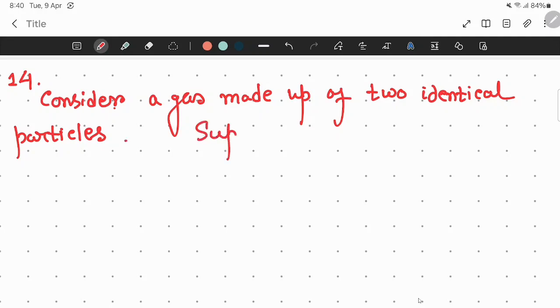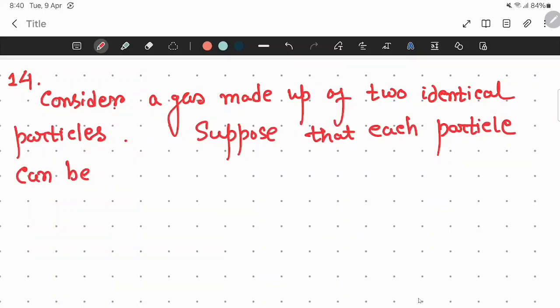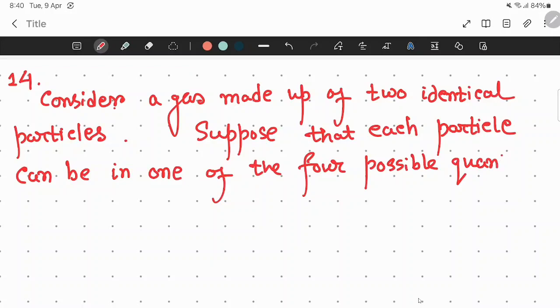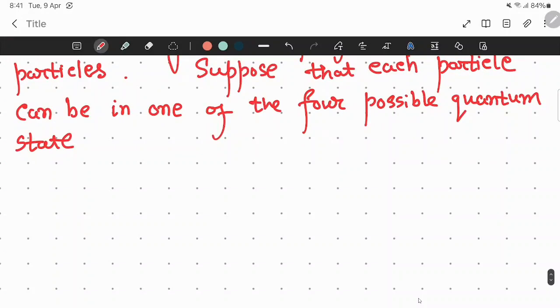Suppose that each particle can be in one of the four possible quantum states.